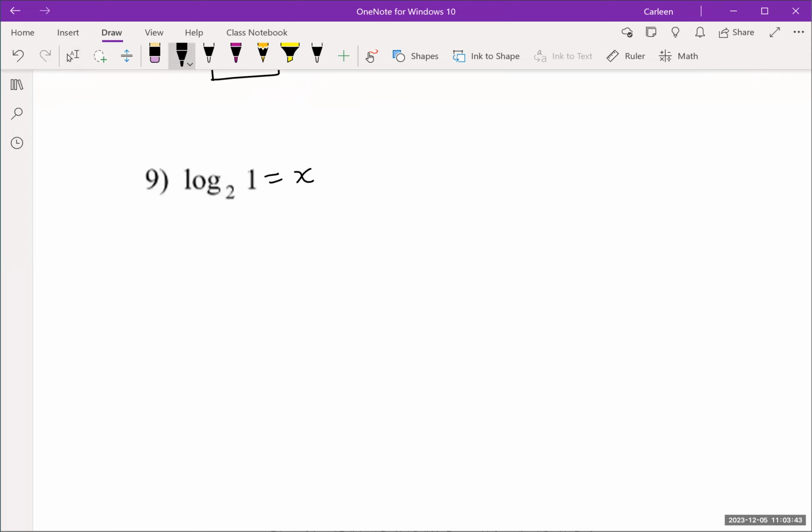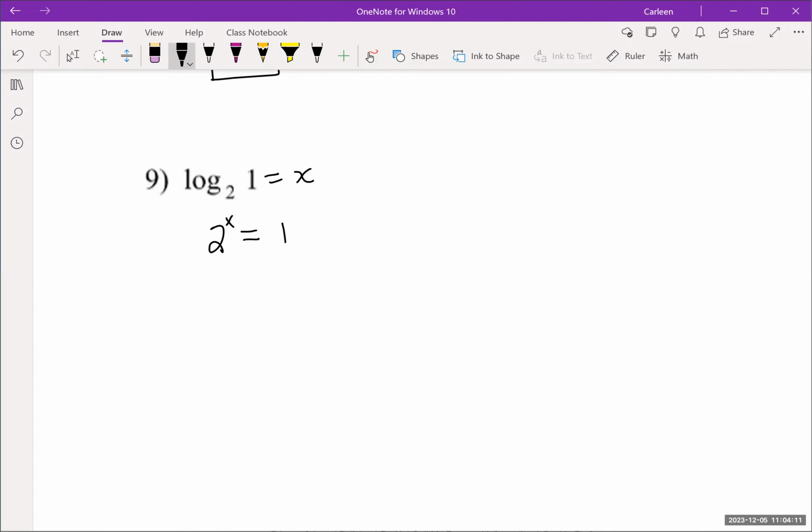What's the base? 2. What's the exponent? X, right? The answer is 1. Okay, so I need an exponent that'll make something into 1.